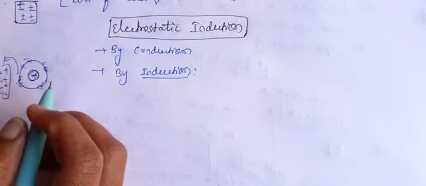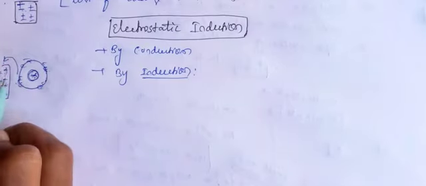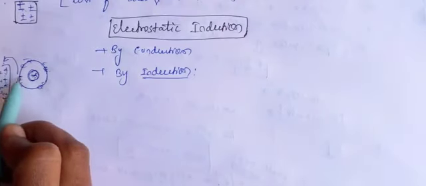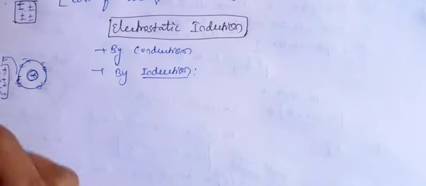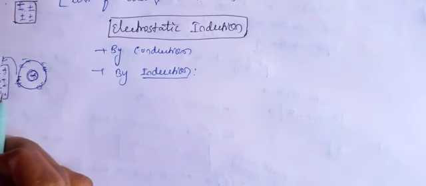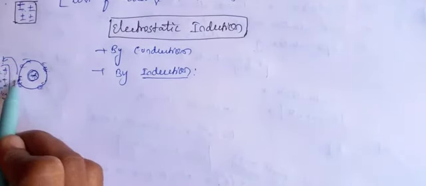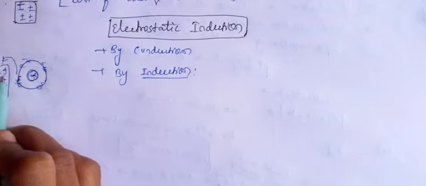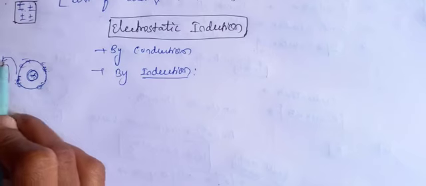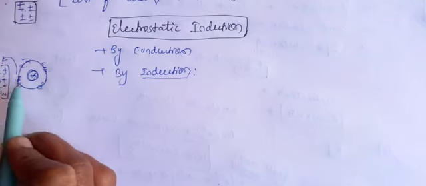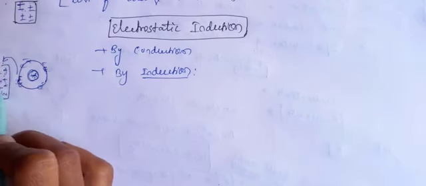So when I place this, let us consider this is one electron. Here I am placing three positive charges. If three positive charges are there and this is one electron, it will not be attracted towards these three positive charges. Let us consider 20 positive charges are there. The electron is not attracted towards this positive charge.